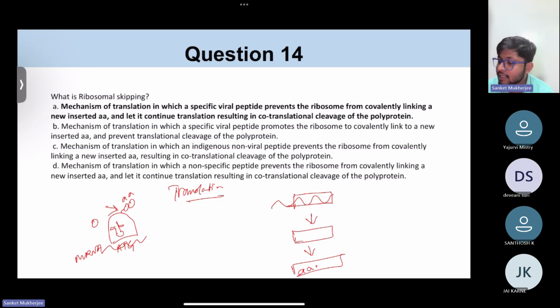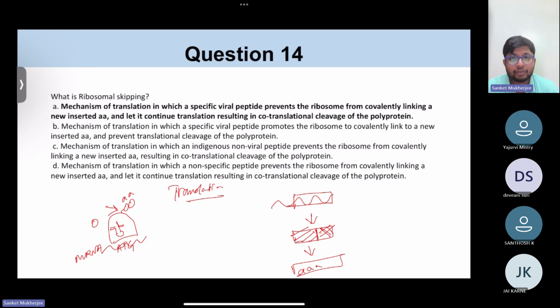Let's say till here the RNA is forming a protein, but this part is cleaved off. This part is not forming any protein because of the absence of covalent linkage, which happens due to the presence of a viral peptide. So this kind of cleavage is called co-translational cleavage.